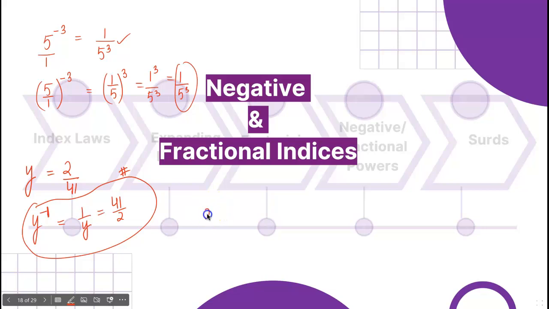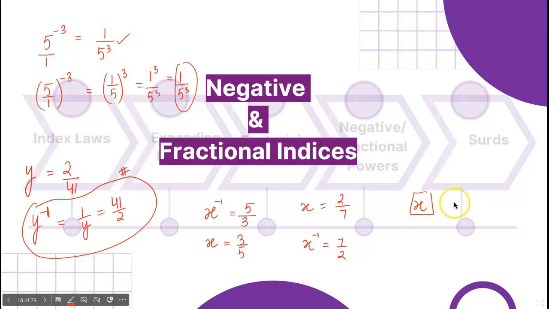So if I say x to the power minus 1 is 5/3, what will x be? If x inverse is 5/3, x will be 3/5, okay? Or if x is 2/7, what will x inverse be? 7/2. So this is what you have to remember.